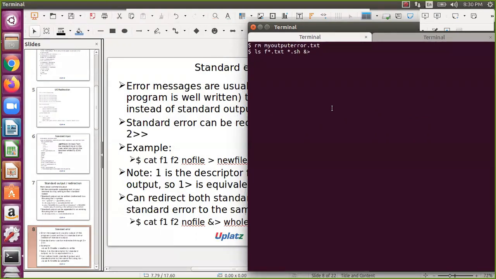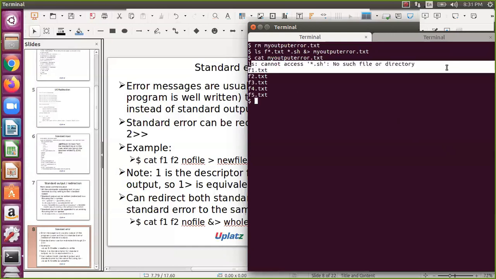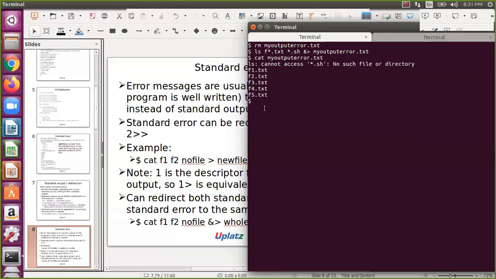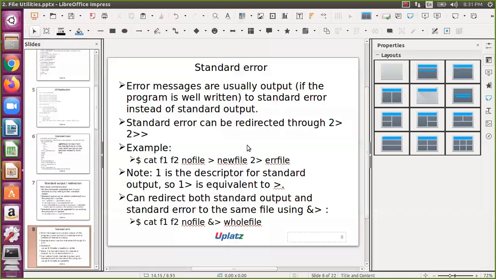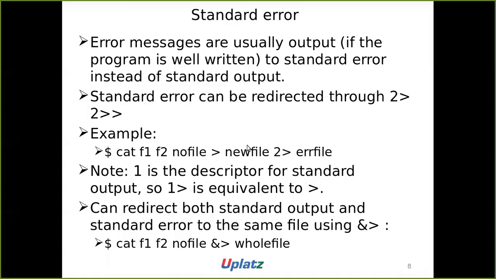What we did, greater than my error output, we have given my output error.text, and then 2>&1 we have given. So both are the same. I have removed that file and then I am keeping that. Now if you see this, both are the same. This is the error output and this is the standard output. So either way you can do it. This is another way of doing it.